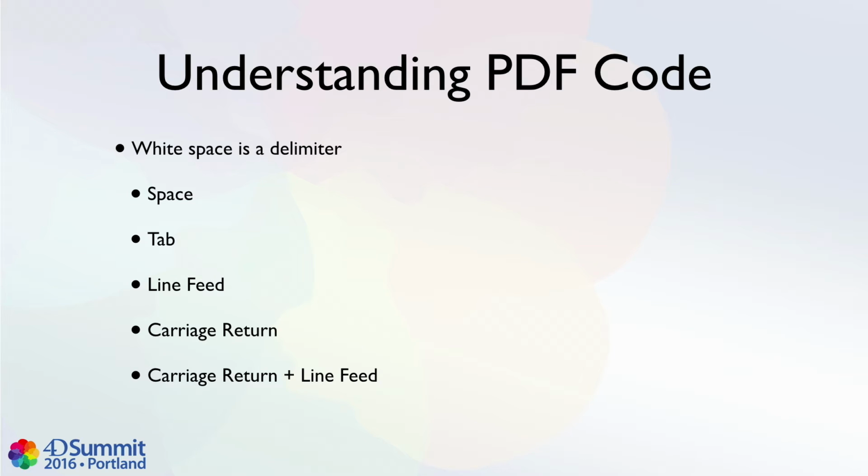You can use carriage returns, line feeds, tabs, or spaces. So you don't need semicolons or parentheses. You just put your first parameter, then some white space, then your second parameter, then white space, as many parameters as you want, and then you do the command to execute them. That's how this code works.